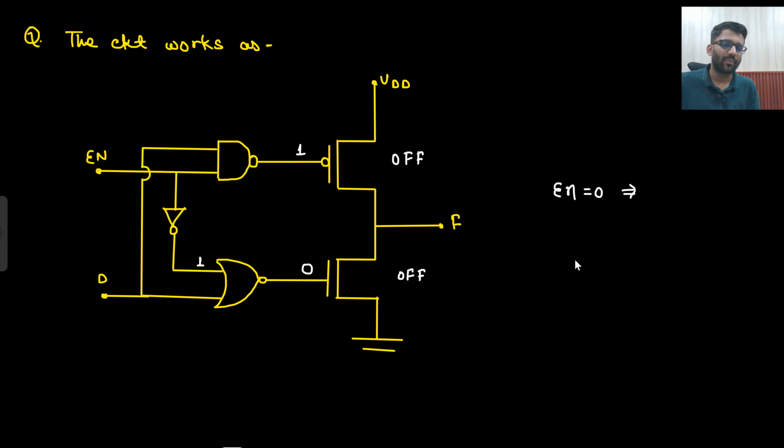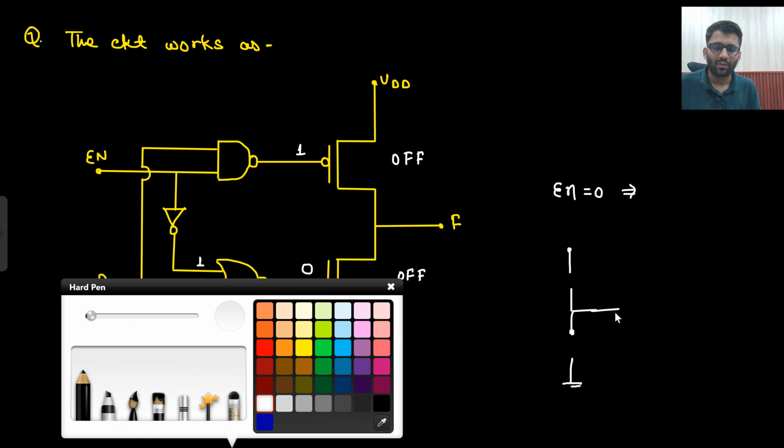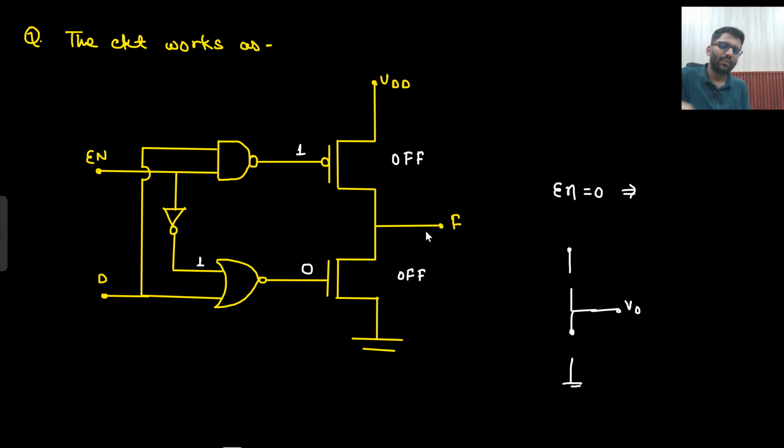If both are off, then what will happen? Basically, both are off. So at the output, you can always assume some parasitics. These parasitic capacitances can come from anywhere. It could be coming from the next stage, or it could be the parasitic of this transistor only, or this one.